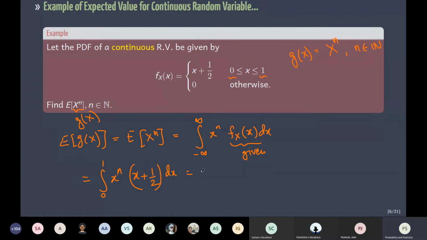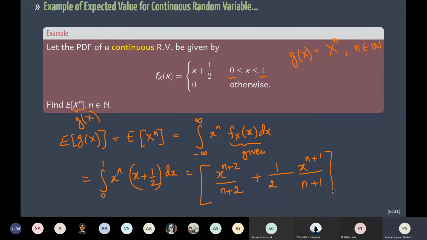If we integrate this, the first term is x to the n plus 1, whose integral is x to the n plus 2 over n plus 2. The second term is half of x to the n, whose integral is half times x to the n plus 1 over n plus 1.